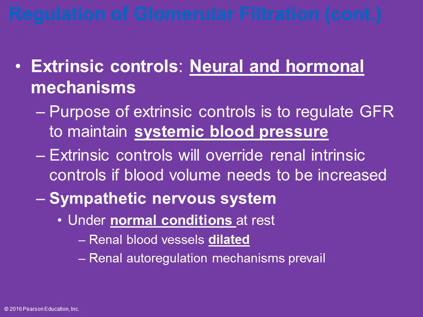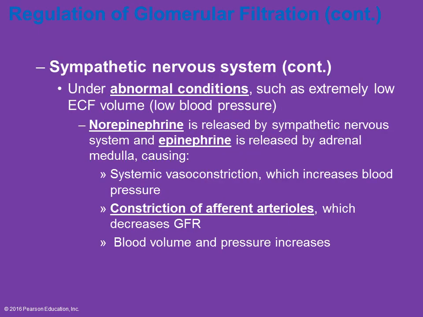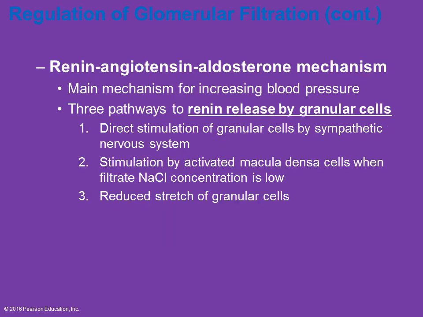If the sympathetic nervous system is stimulated, then it will constrict those renal blood vessels, having less blood flow through the kidneys. Now, this can also play a role with low blood pressure. It will also constrict and decrease the blood flow, and if you decrease the blood flow, that's going to increase the pressure.